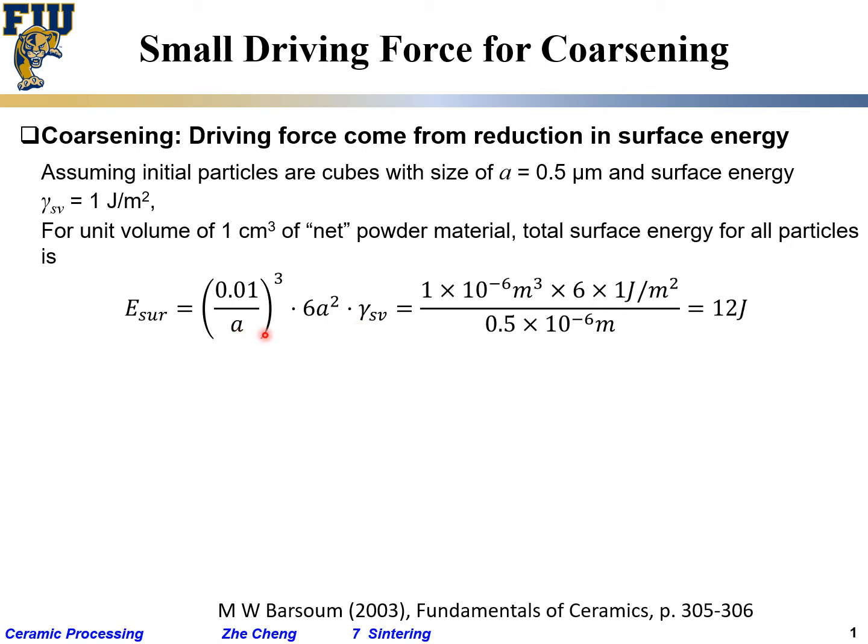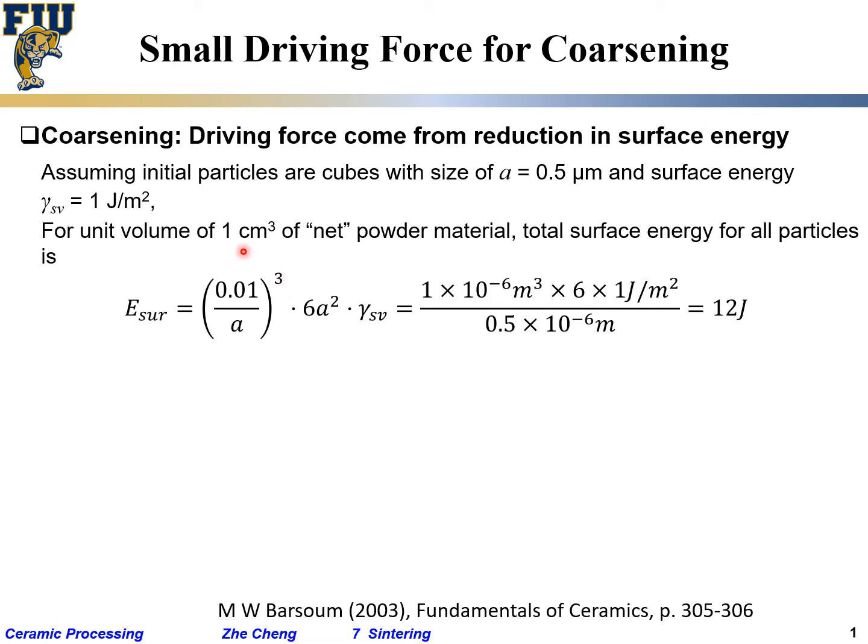And then this term, remember, 1 centimeter is 0.01 meter. And a, let's say that's your length, 0.5. So this volume, to the power of 3, gives me 1 cubic centimeter.